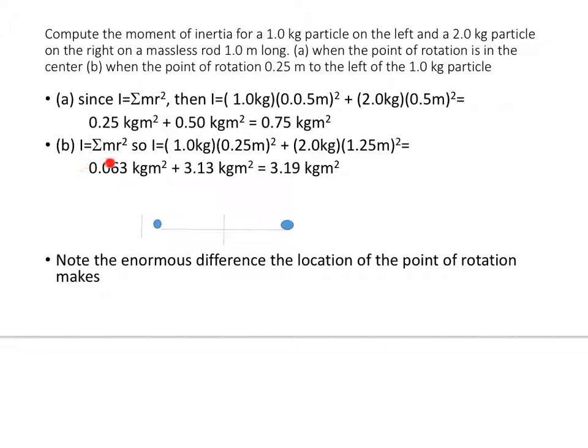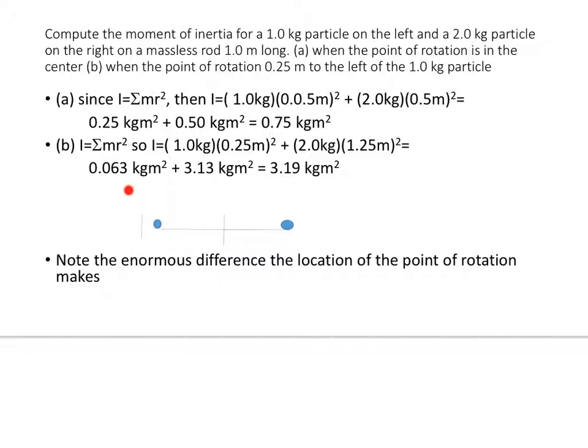We do it the same way. We want to compute the sum of the mr squareds. So for the first one, I is equal to 1 kilogram times 0.25 meters squared. And then the other one is 2 kilograms, and now we've got this long distance of 1.25 meters squared. That's the value of r.